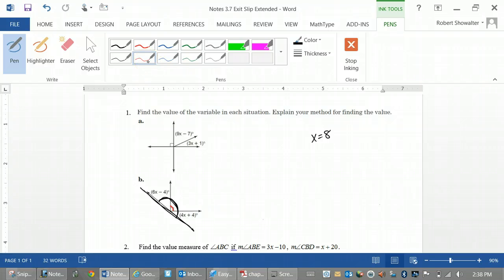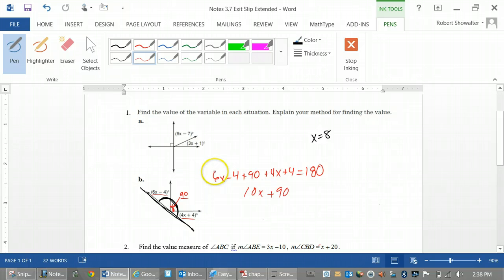But we can find out what DBC actually is. We can do 15 in there plus 20. It's going to be 35. So that's ABC plus 35 equals 180. Subtract 35 from both sides, and you can find out what ABC is. So we get 145 being ABC.